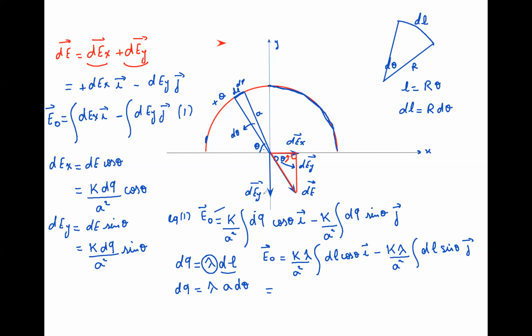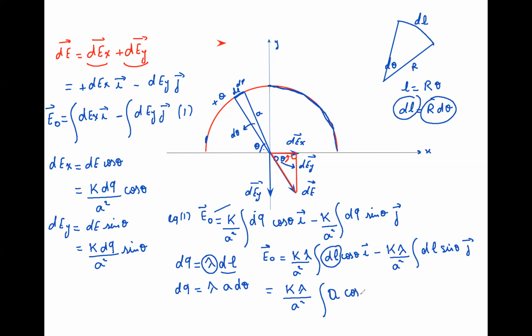Okay, here we have dq and dl. You know this, dl equals r d theta. We can substitute its value here. So we get k q lambda divided by a square, with dl equal to r, and the radius is a, so dl equals a d theta.